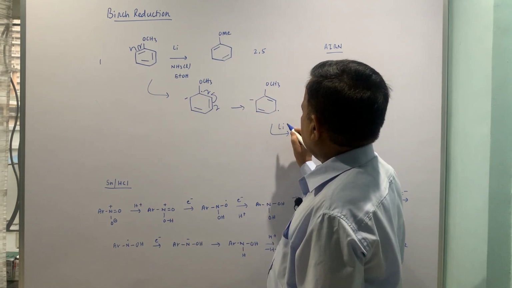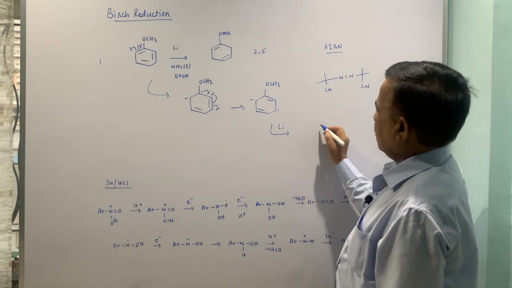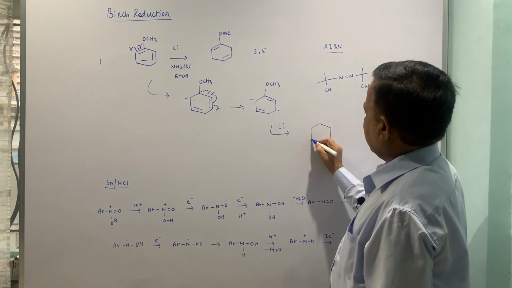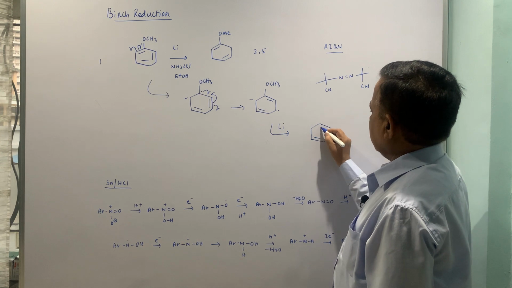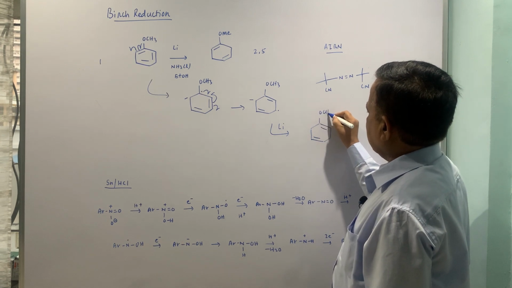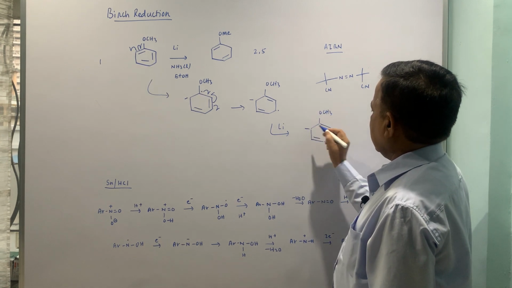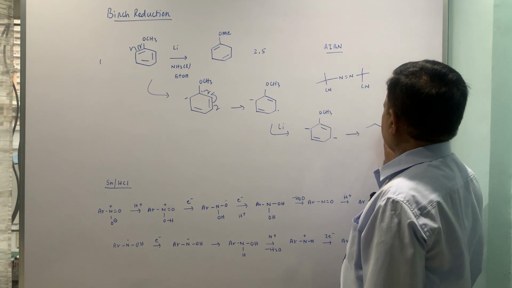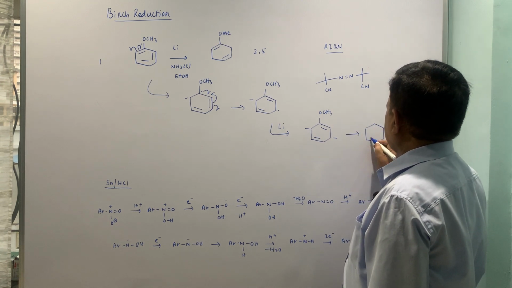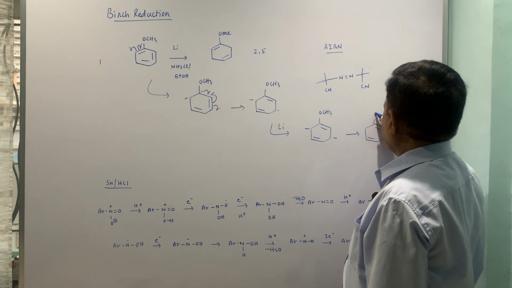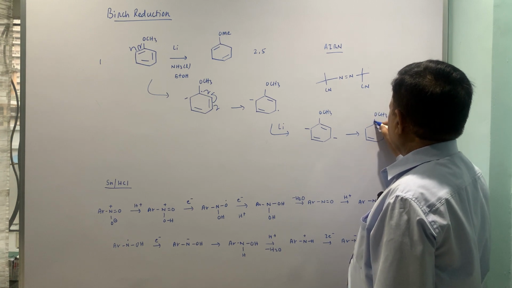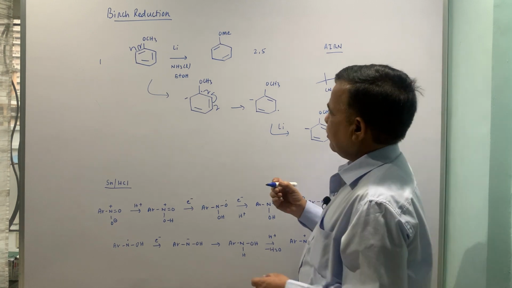One more lithium sacrifices one electron and you get a dianion, which takes a proton from the medium, and that is how you get the product. So whether you write H or not, it doesn't matter.